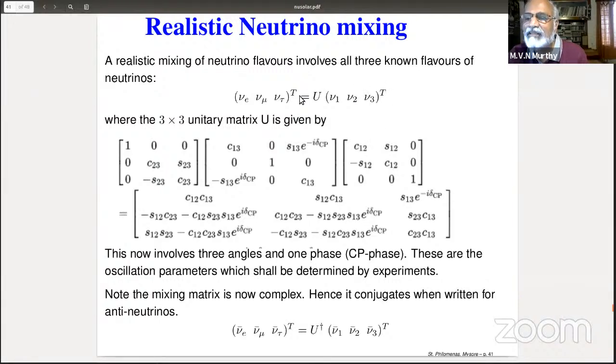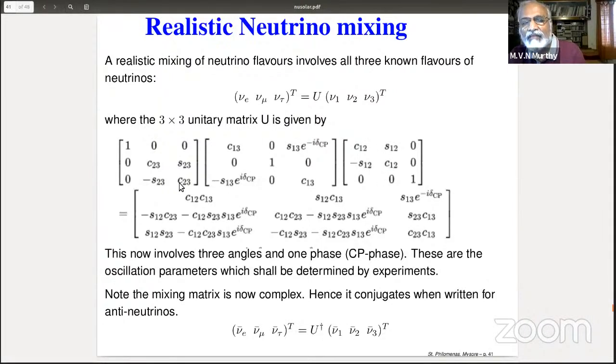That mixing is given by a unitary matrix, and that unitary matrix has a parametrization which involves first a 2 by 2 submatrix of the 3 by 3 matrix, which involves angle theta 12. That means this mixes the electron neutrino flavor and the muon neutrino flavor.